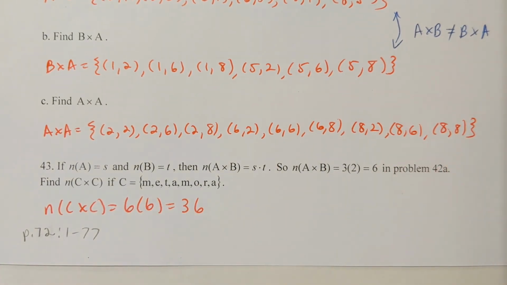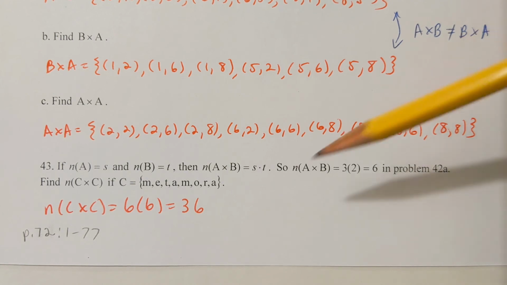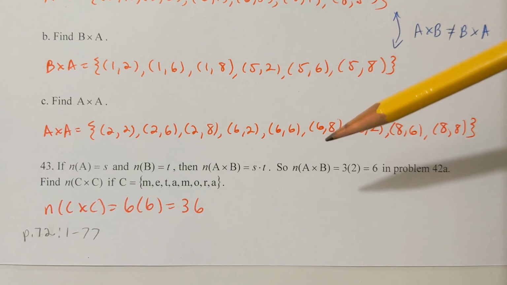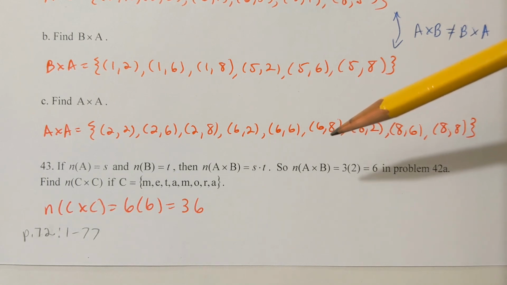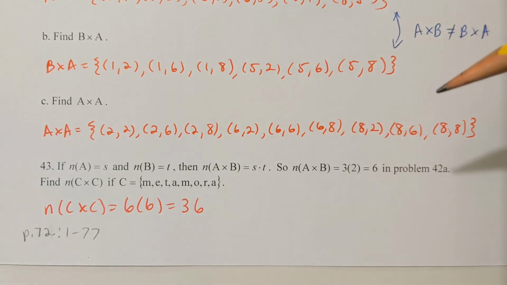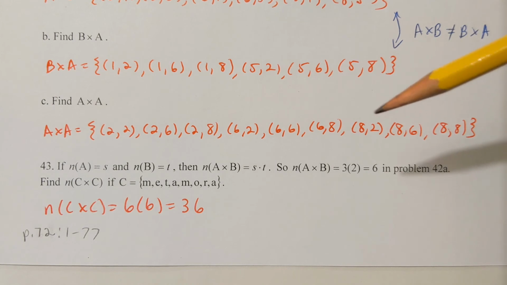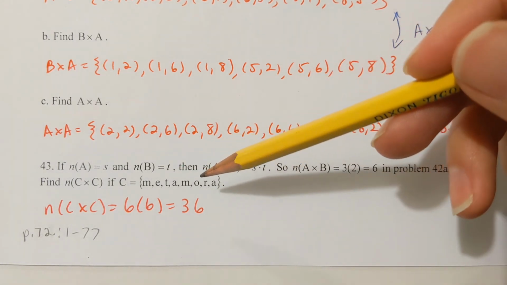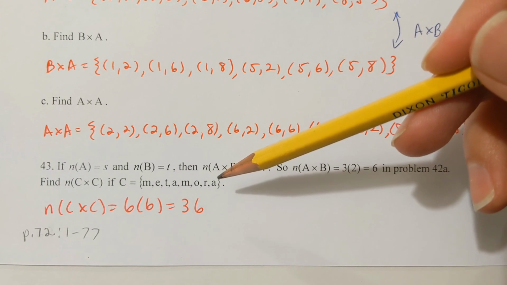For the next problem, I want us to find the cardinality of C cross C, if C is the set given there. Now, remember with sets, you can list an element as many times as you want. You're only going to count that as one that is different from the others. So I have a set with 6 things in it, not 8.